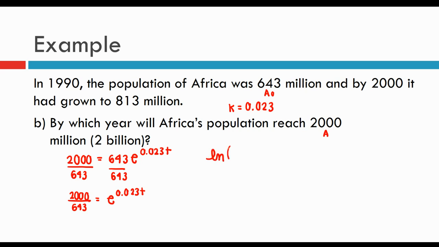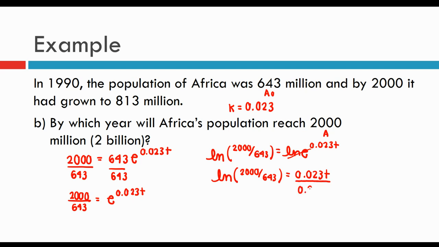So because our base is e, we're taking the natural log of both sides. And so that is going to cancel that out. And then finally, we'll divide both sides by this 0.023 and very carefully type all of that into our calculator.